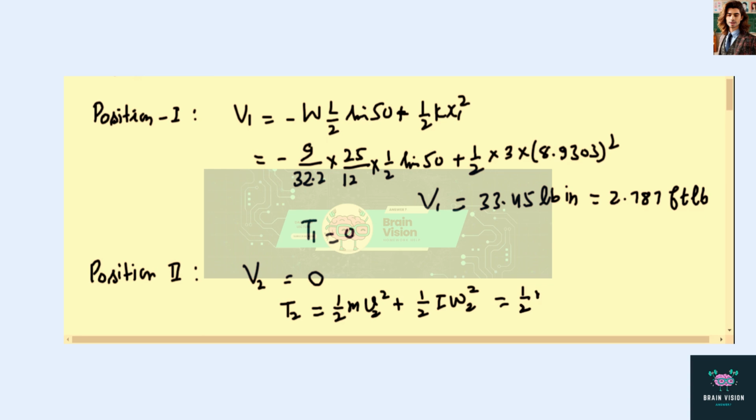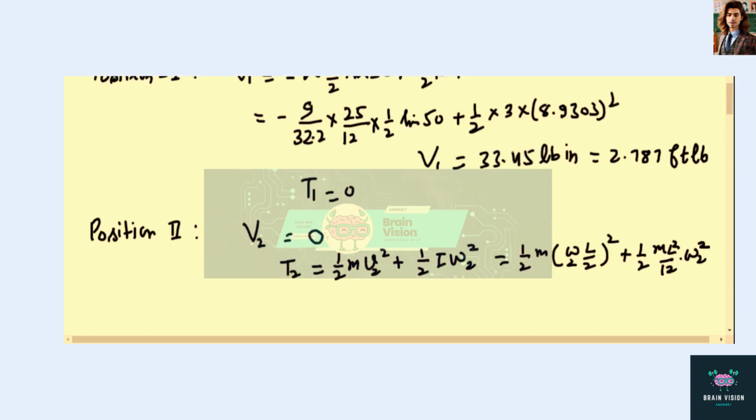Half m v2, we have measured, omega into L by 2 square, plus half moment of inertia, which will be m L square by 12, into omega 2 square.